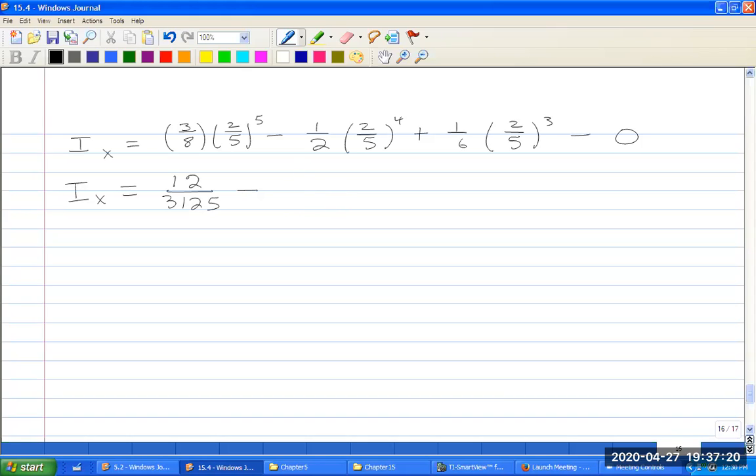But let's just leave it as 8 over 625. Plus, oh, you have to put a 3 in there. 2 cubed is 8, and the 6 I can cancel out a 2, so that'll be a 4 in the top. 3 times 125 is 375.